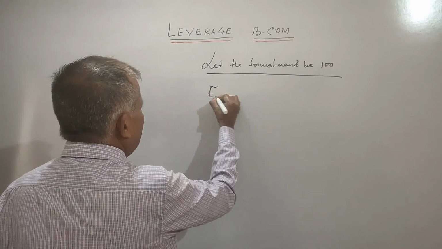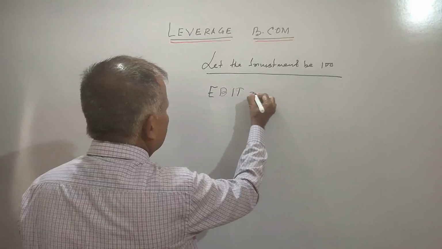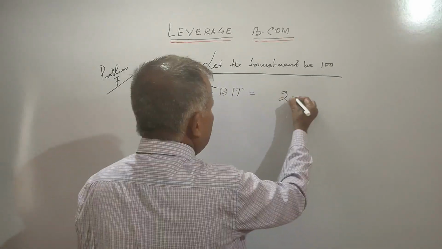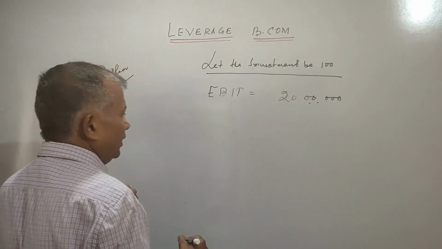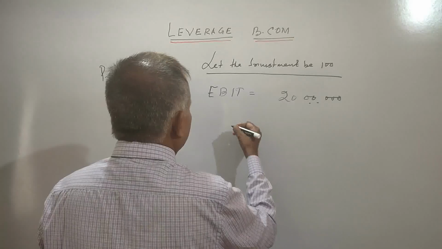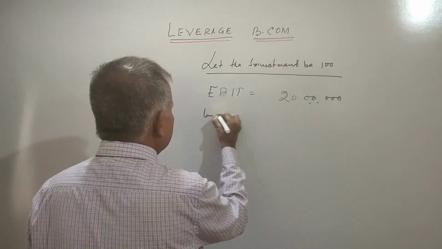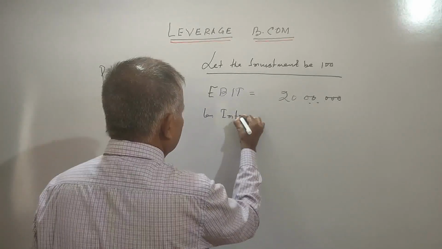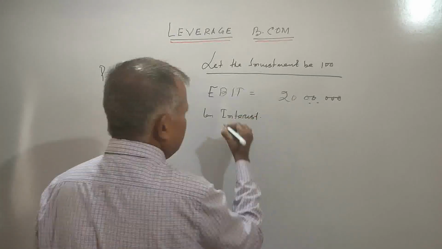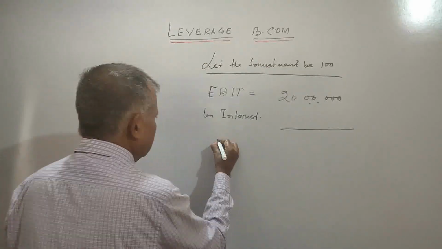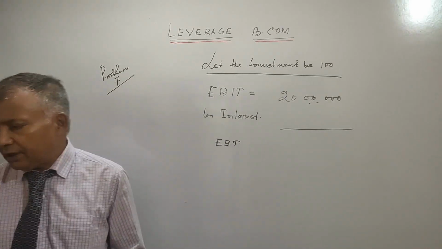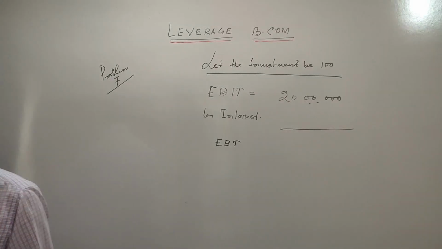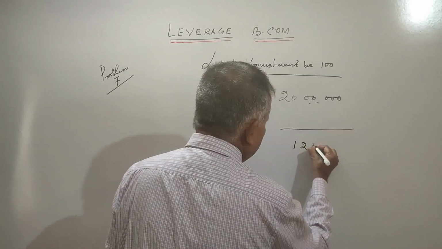Now EBIT is your 20 lakhs, less interest. The interest or the debt is not given, but we have found out the EBT, which is 12,50,000.